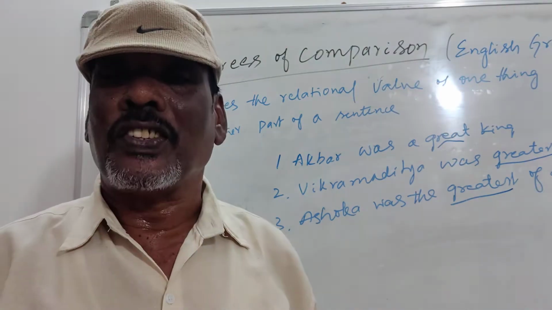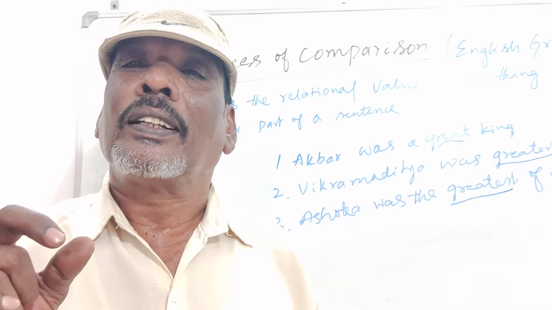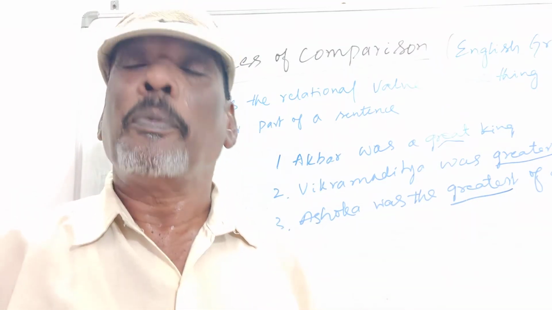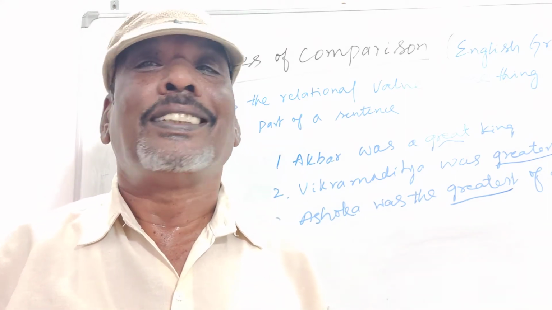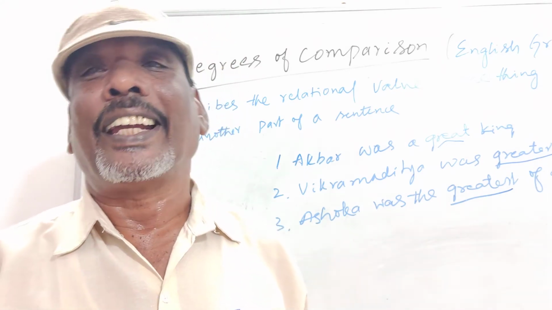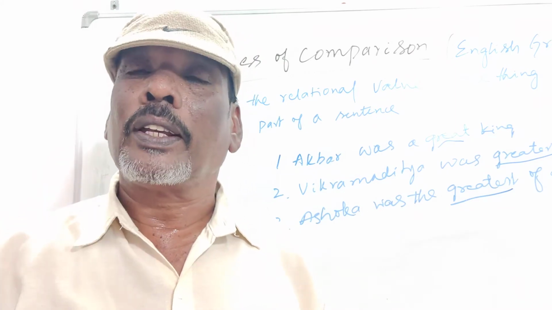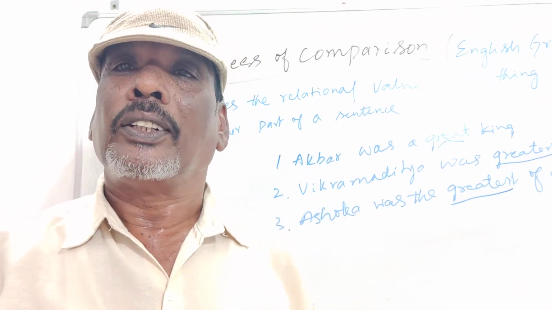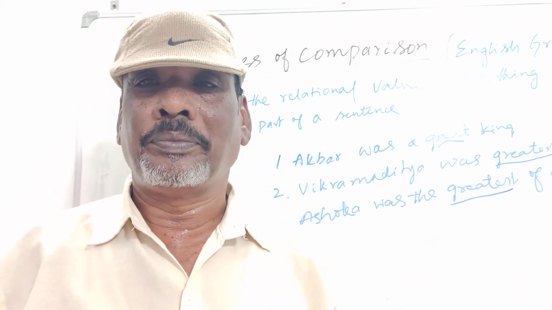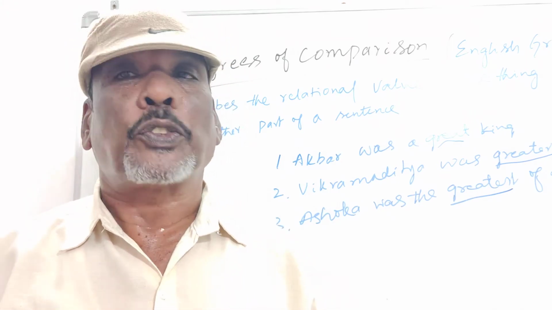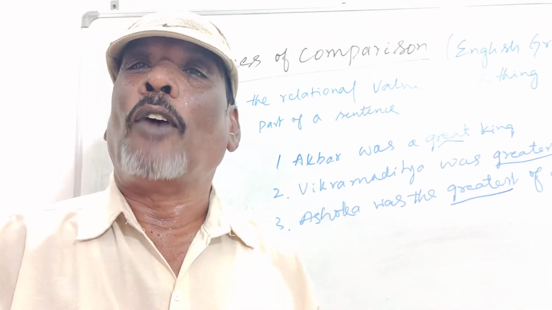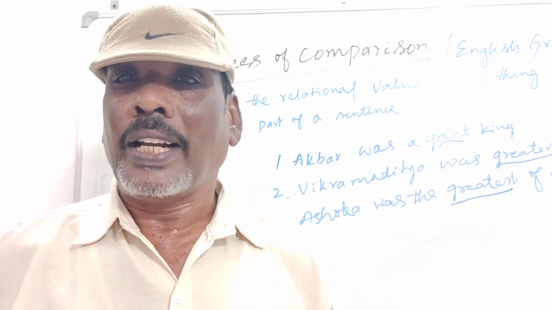Yes, he is a teacher. That is affirmative sentence. No, no, he is not a teacher. That is negative sentence. In negative sentence, we find not, no, never. But we don't find such words in affirmative sentence, right?